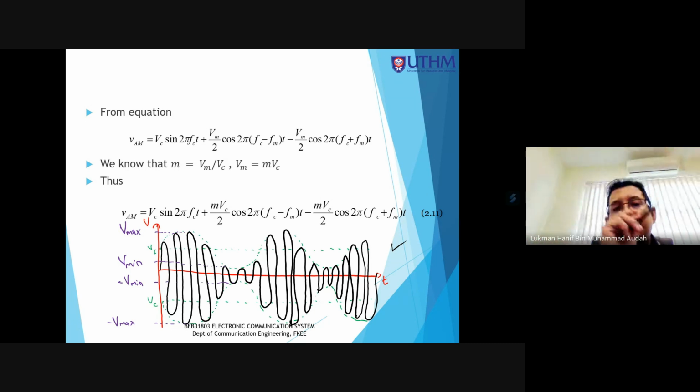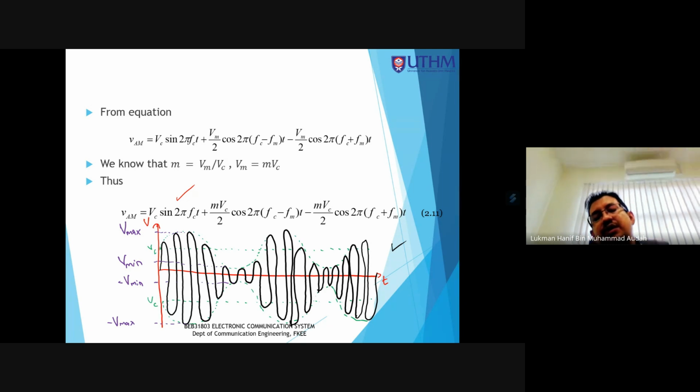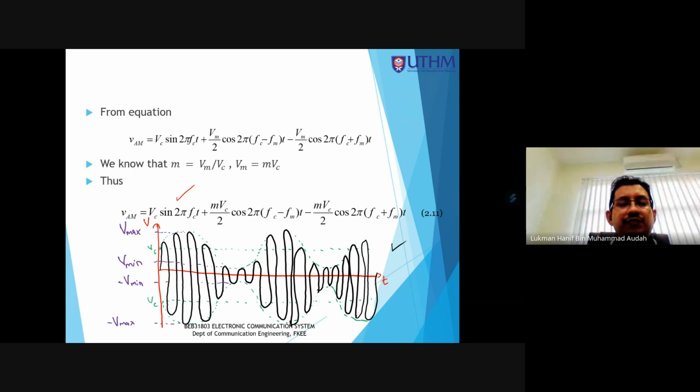Remember when you want to draw the AM spectrum, you have to determine the equation first. Since we are already given the equations, the AM equations, then we can draw. When I want to draw the AM spectrum, there are two things I need to find from the equations.